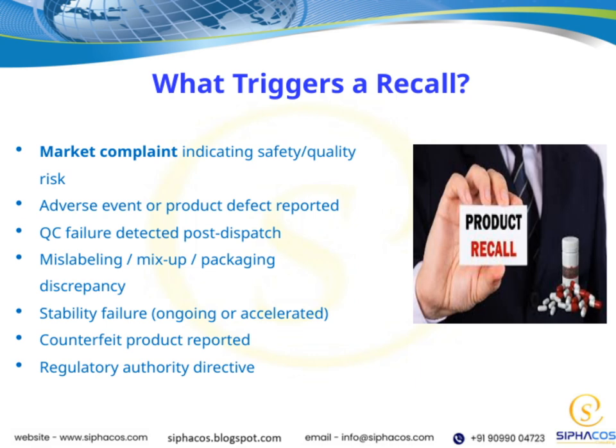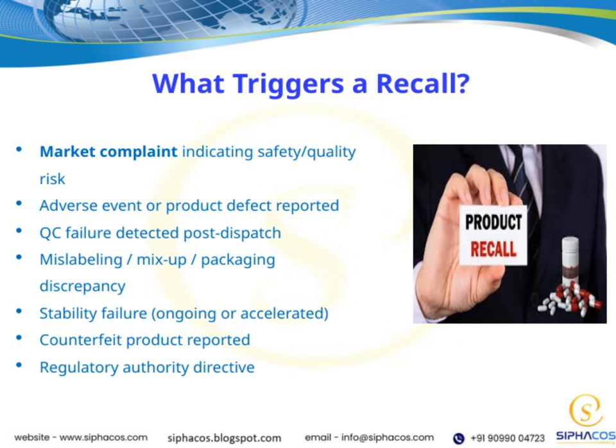Mislabeling, mix-ups, or packaging discrepancies are also critical issues. These can lead to serious safety concerns or consumer confusion. Then we have stability failures, whether ongoing or accelerated, which can compromise the product's effectiveness or safety over time. Counterfeit products reported on the market are another alarming trigger, as they can pose significant health risks.